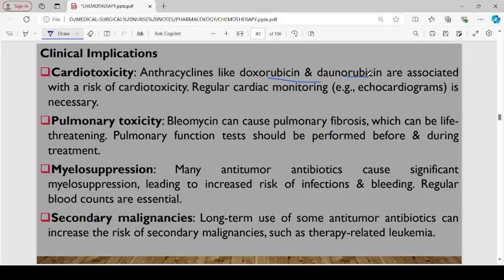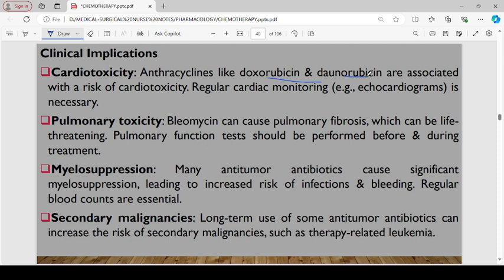Bleomycin can also cause pulmonary fibrosis, and this can be life-threatening. So pulmonary function tests should be performed before and during the treatment. Many antitumor antibiotics also cause significant myelosuppression, and this could lead to increased risk of infection and bleeding. Regular blood counts are therefore essential.